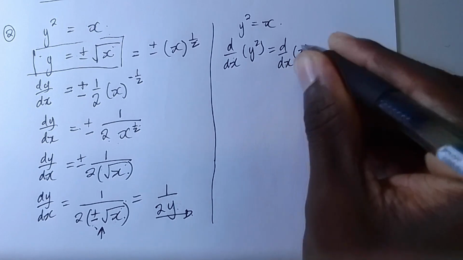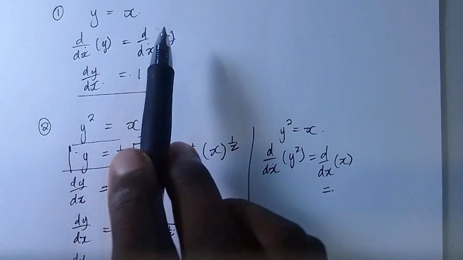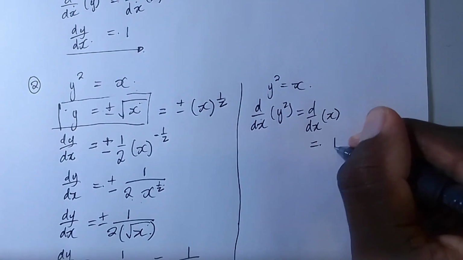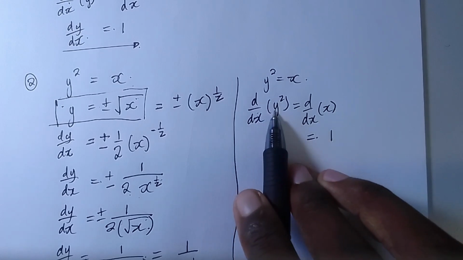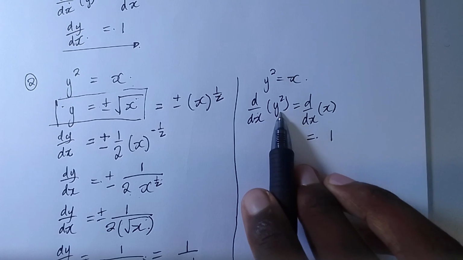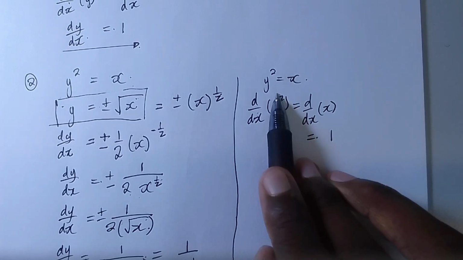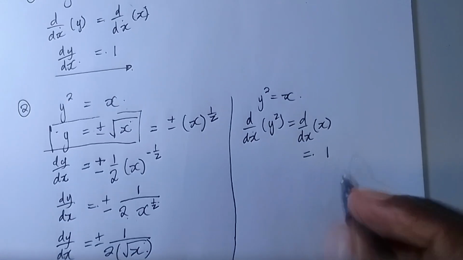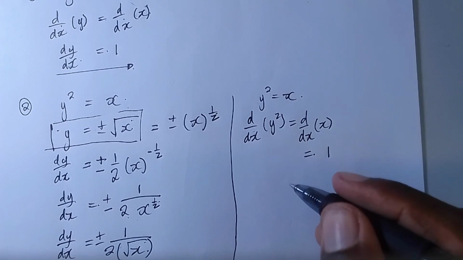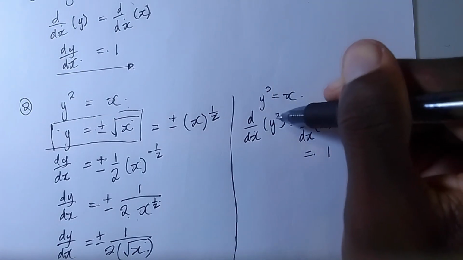Now, let's start with this side. This is 1. We already did it here. Now let's come to this side. y is a function, we assume, of x. If we are looking for the derivative of y as a function of x, we have two functions in y squared.